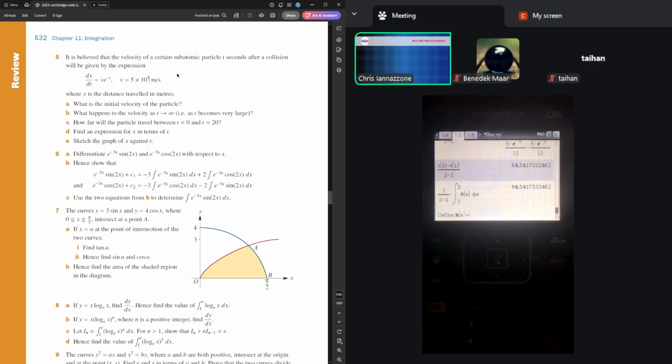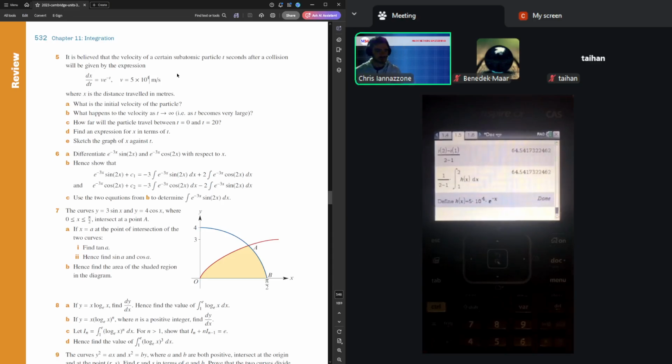Function equals 5 by 10 to the 4 e to the minus t, or in my case, e to the minus x. Okay, I think that'll be good. That's our velocity equation. What is the initial velocity of the particle?